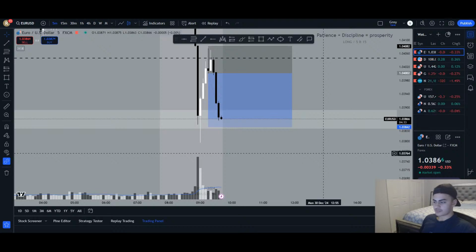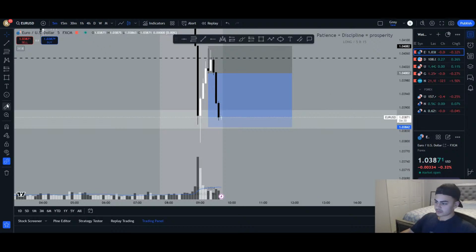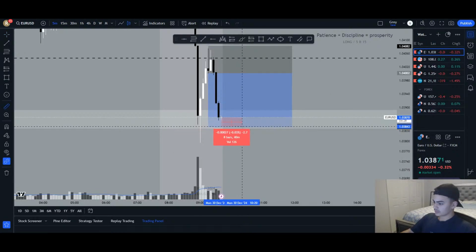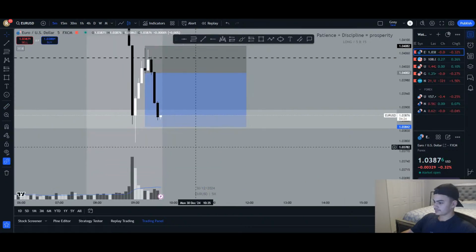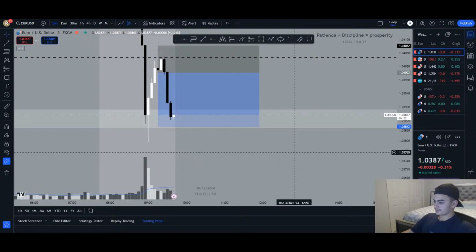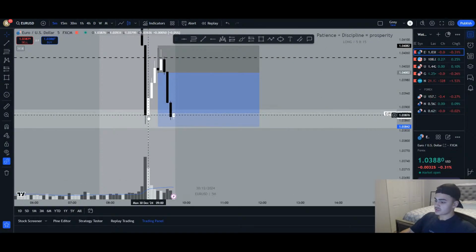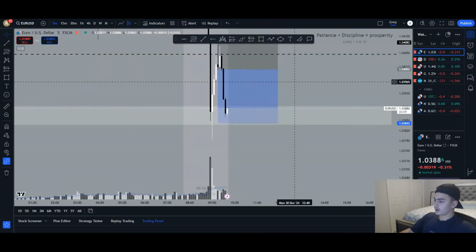Almost right there at the TP. It's missing 3 pips for TP. What I'm scared of right now is it bounces off right here and makes a double bottom like this.